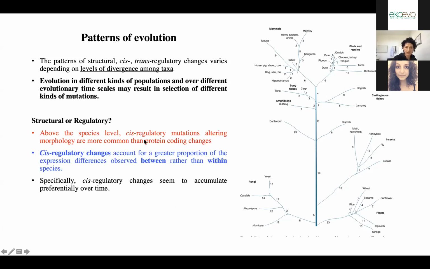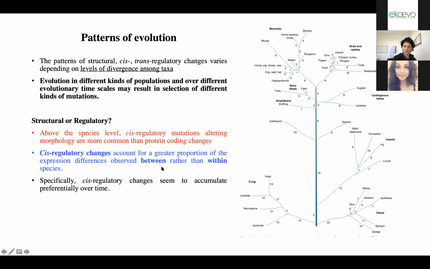According to the book, at the species level, cis-regulatory mutations altering morphology are more common than protein coding changes. The cis-regulatory changes account for a greater proportion of the expression differences observed between rather than within species.